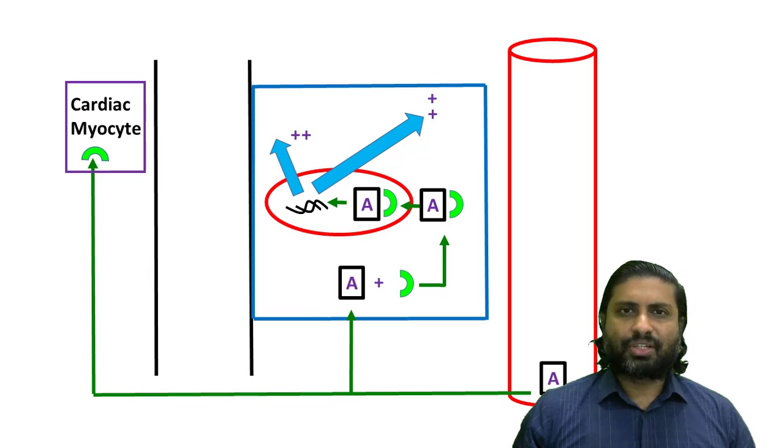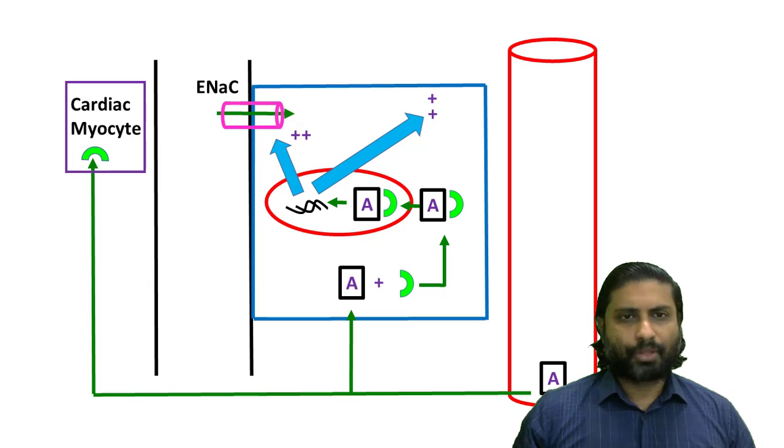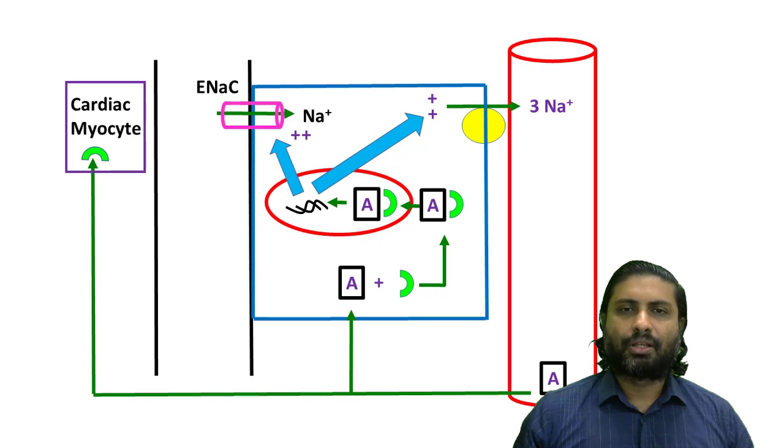One of these proteins gets inserted into the luminal aspect of the epithelial cell that lines the collecting duct, and this is nothing but the epithelial sodium channel, or ENaC. This channel allows sodium to move from the lumen of the collecting duct into the epithelial cell. The second protein that is produced is the sodium-potassium ATPase pump, which obviously pumps 3 sodium ions out of the cell and 2 potassium ions into the cell.